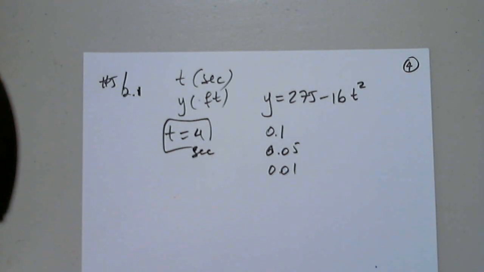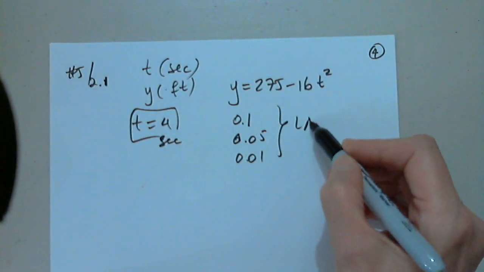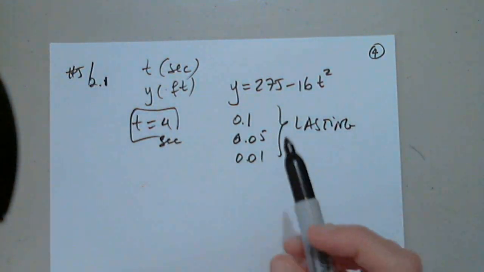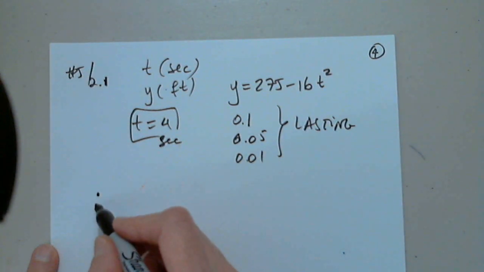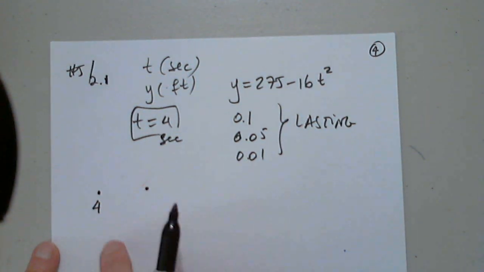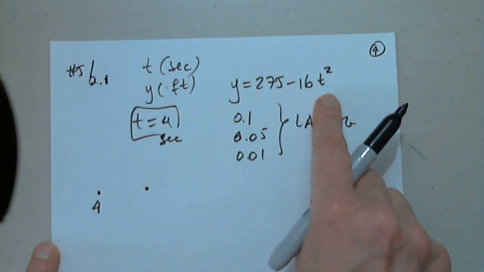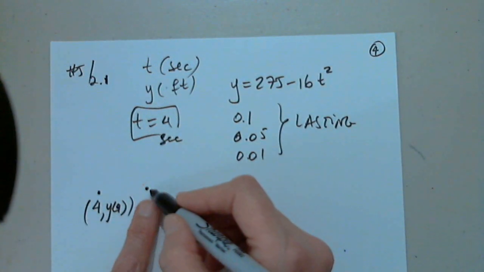Then estimate the instantaneous velocity. So let's start with this first. Okay. So it says lasting 0.1. So if this is the point with t equals 4, what will be the next point? So 4, of course, y of 4. What is the next point?